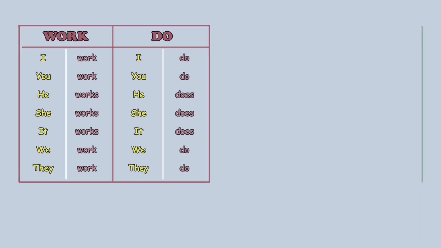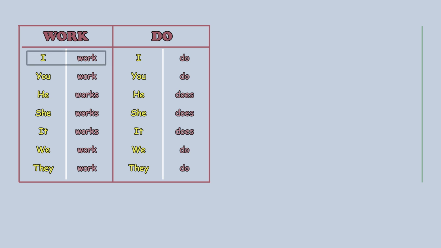To better understand this step, let's go back to the basics of learning English. Here, let's take a closer look at two common English verbs, work and do. As you may know, these verbs are conjugated differently depending on the subject.